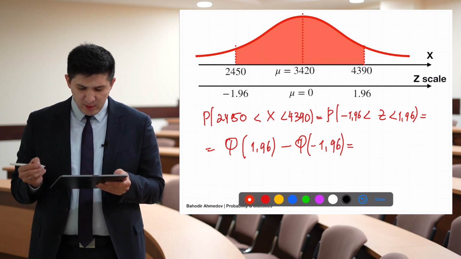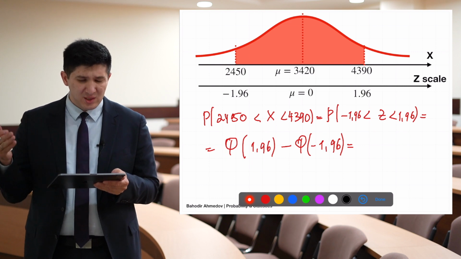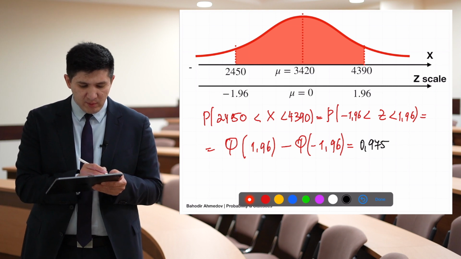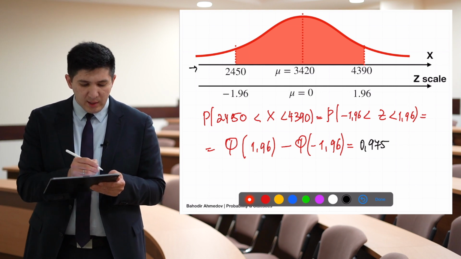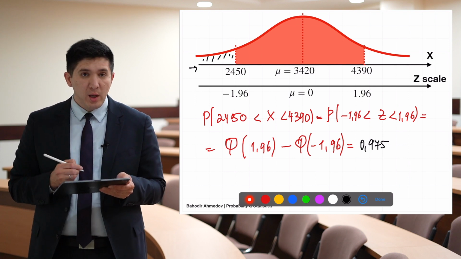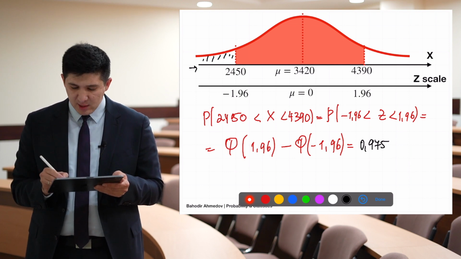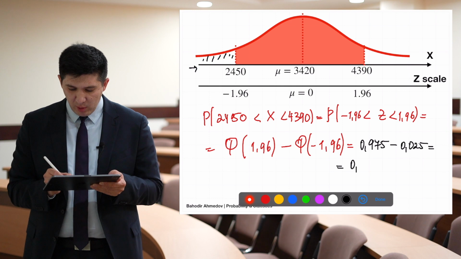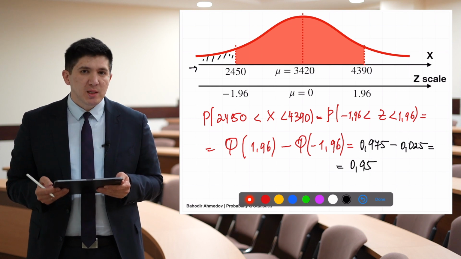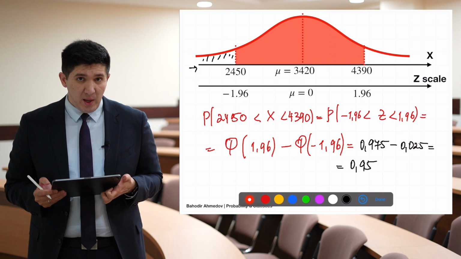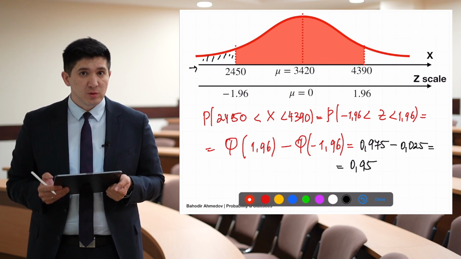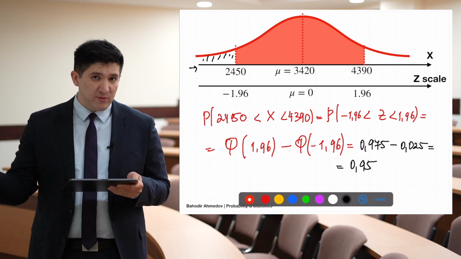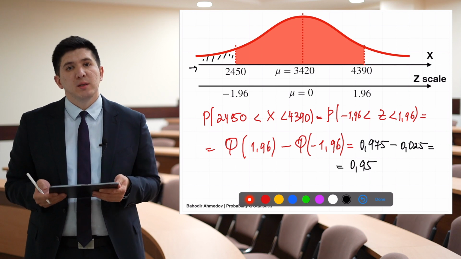If you go to the table, you can find that the area up to 1.96 is going to be 0.975. It is the area starting from minus infinity up to there. And the area until minus 1.96 is going to be 0.025. And the area in between is going to be 0.95, which basically means that roughly 95% of babies do not need special treatment because their weights fall in between 2,450 grams and 4,390 grams.